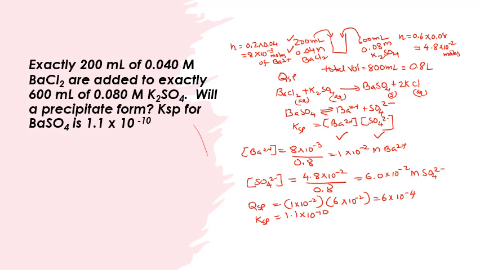So what is happening here is the Ksp, 10 to the power negative 10, is less than 6 times 10 to the power negative 4. So a precipitate forms. All right, a little lengthy because we had to first convert into moles, then convert into molarity, and then substitute in the Qsp expression.